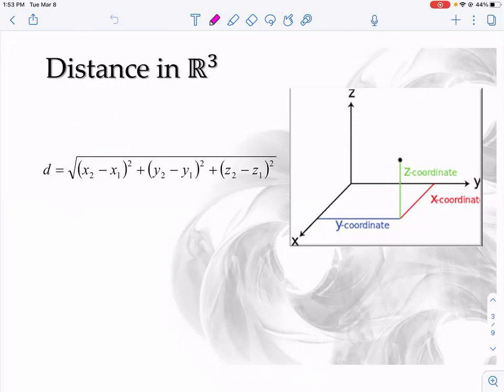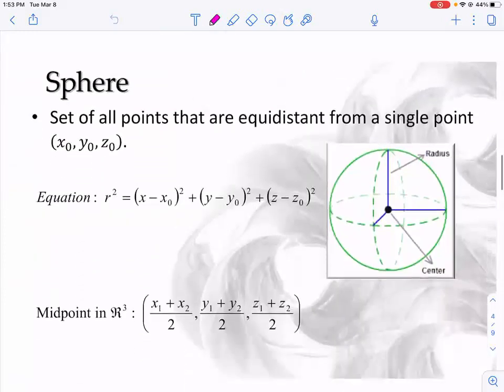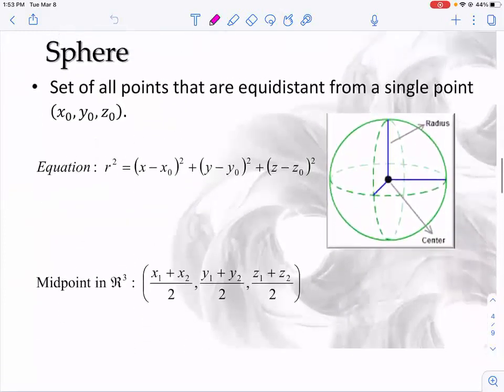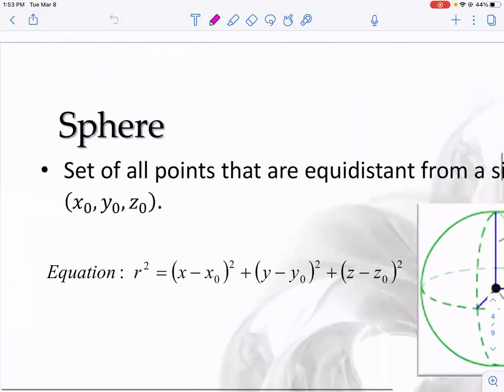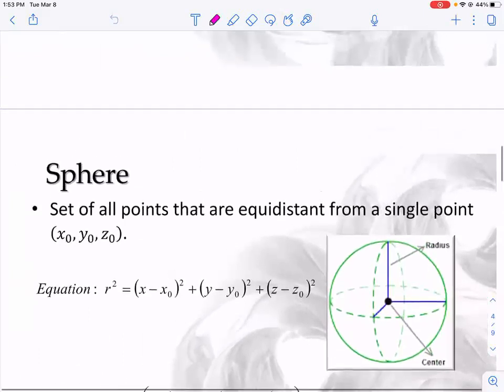You're going to take x minus x squared plus y minus y squared plus z minus z squared. It's just that third dimension added in. Now, in 3 dimensions, you would have a sphere instead of a circle. So notice how the equation of our sphere is x minus x naught squared, y minus y naught squared, z minus z naught squared equals r squared, where x naught, y naught, z naught is our center.